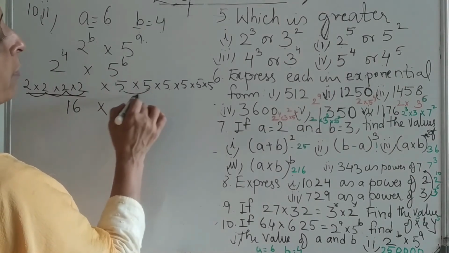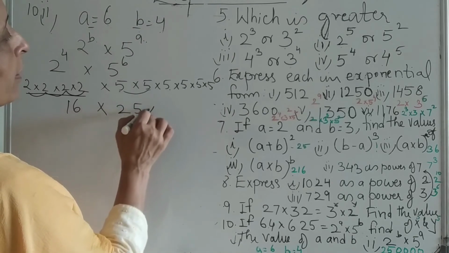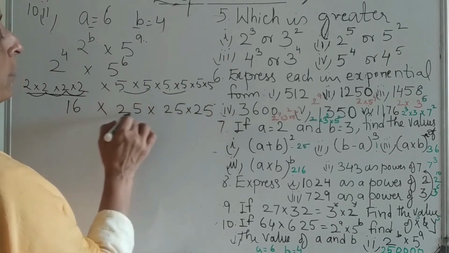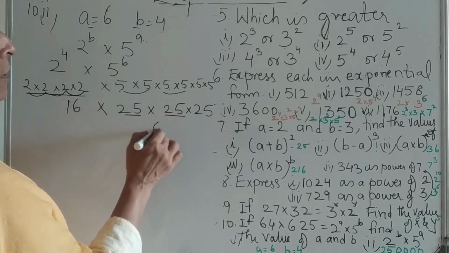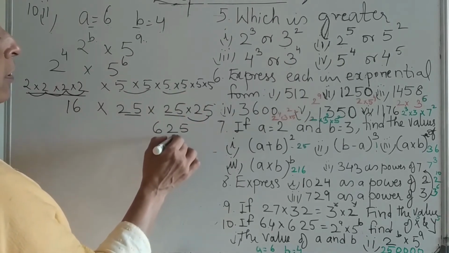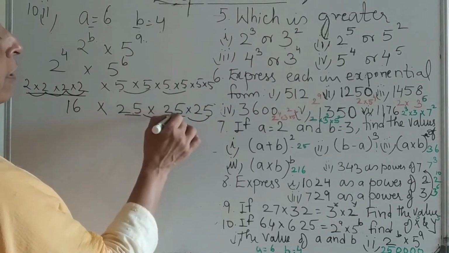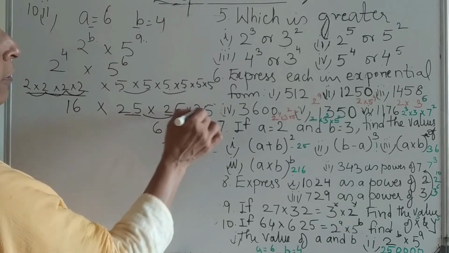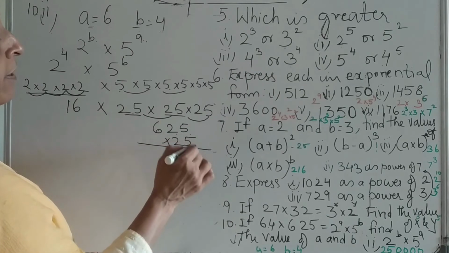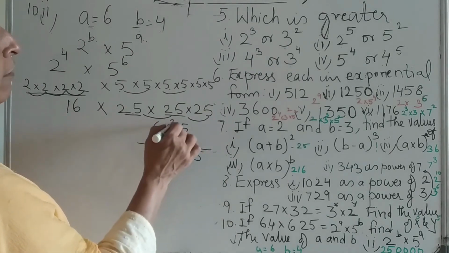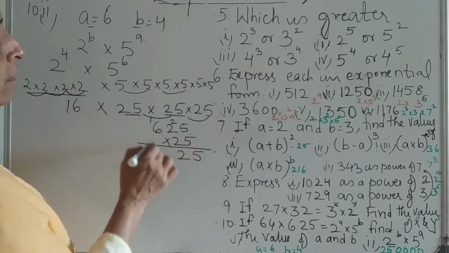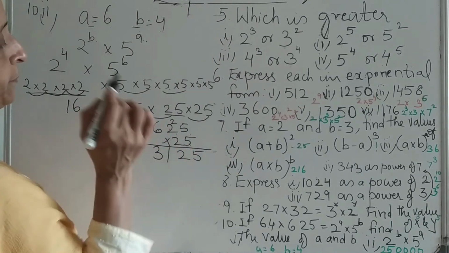Now let us multiply this. 5 into 5, 25. 25 into 25 into 25. Now you all know 25 into 25 is 625. Now 625 has to be multiplied by 25. 5 5s are 25, 2 carry, 5 2s are 10, plus 2 is 12, 1 carry, 6 5s are 30, it is 31.